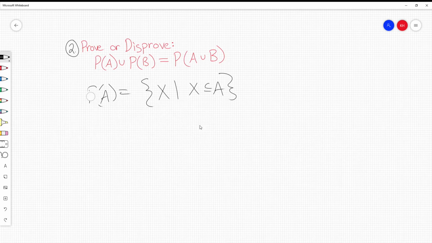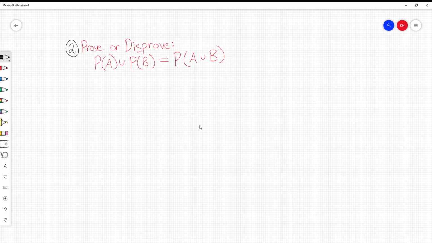Going on to what the problem is asking, it's kind of similar to what number 1 asked us. In order to prove this, we have to show that it is a subset in both directions. So the power set of A union the power set of B has to be a subset of the power set of A union B, and vice versa. Let's go along the path of proving and see if we come across anything.